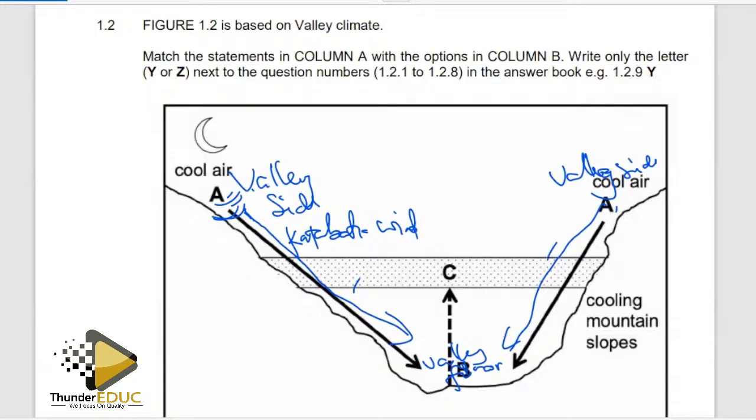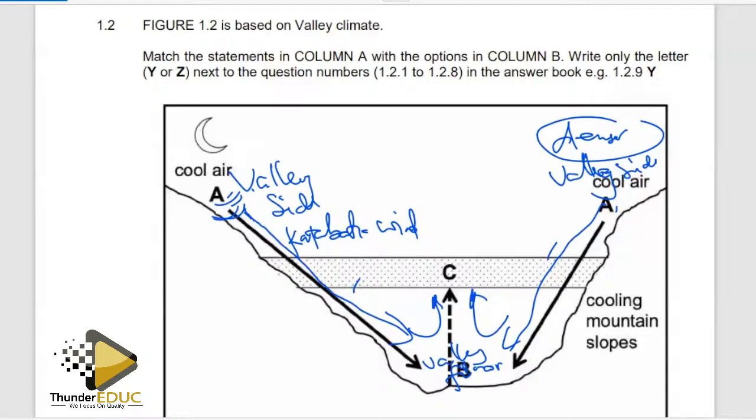This air coming from the valley side is denser, which means it's going to displace the warmer air in the valley floor. The warmer air is going to uplift because of the coming of colder air into the valley.